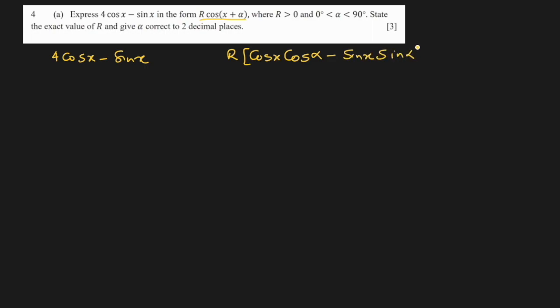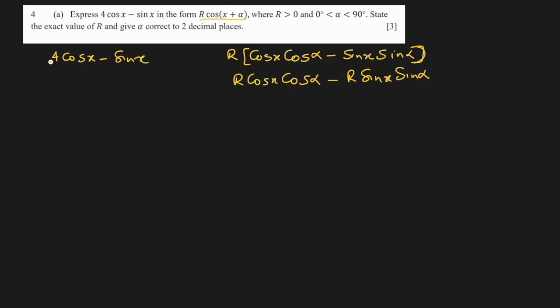So in place of a and b, I have written x and alpha. Now if I open this, it becomes r cos x cos alpha minus r sin x sin alpha.